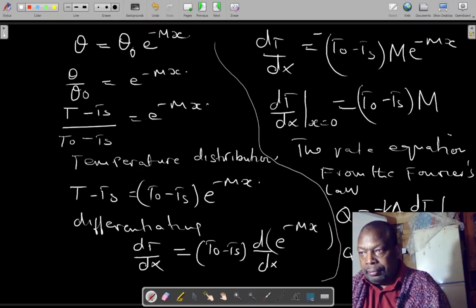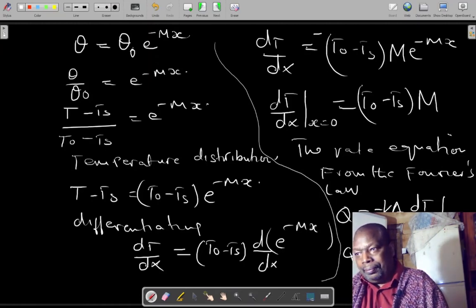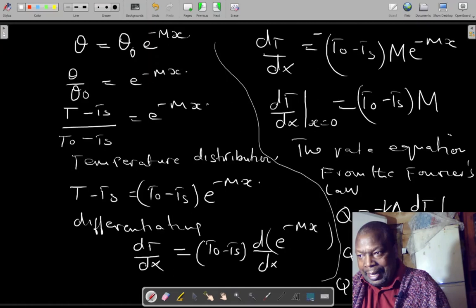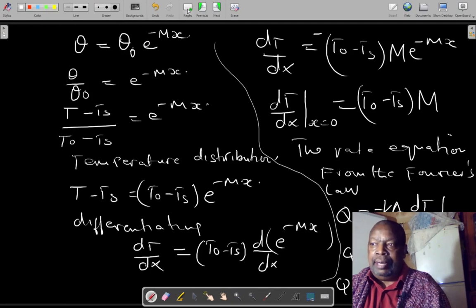So Q is (T naught minus Ts) times m, times minus K A c. So Q is equal to K A c m (T naught minus Ts). This is our rate equation for heat transfer.